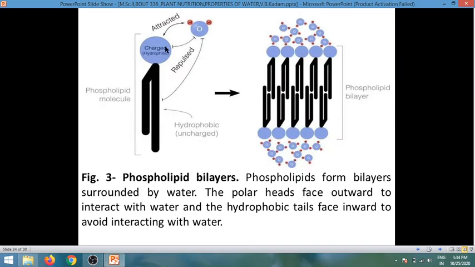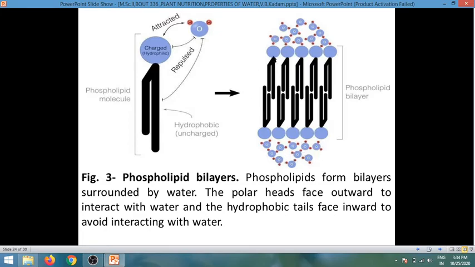See, this is the polar side, this is the tail side, the non-polar side, of phospholipid molecules. This is hydrophobic, uncharged. This is the phospholipid bilayer. This is one layer, this is the second layer of phospholipids. Phospholipids form bilayers surrounded by water.